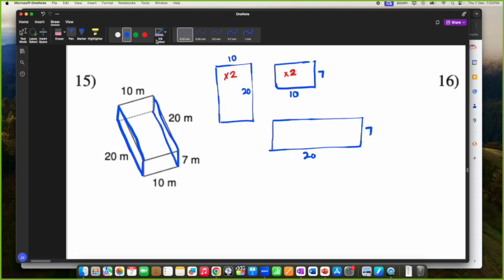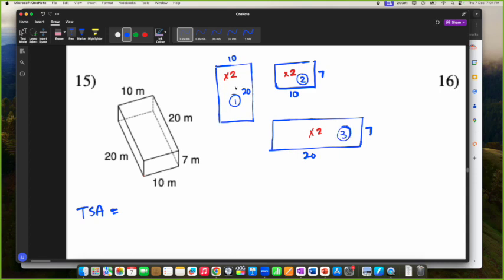So this one here is also times 2. So the total surface area will be, let's call this shape 1, let's call this shape 2, and let's call this shape number 3.